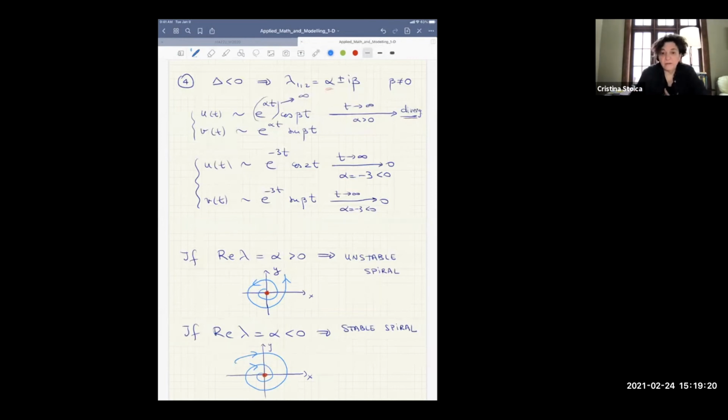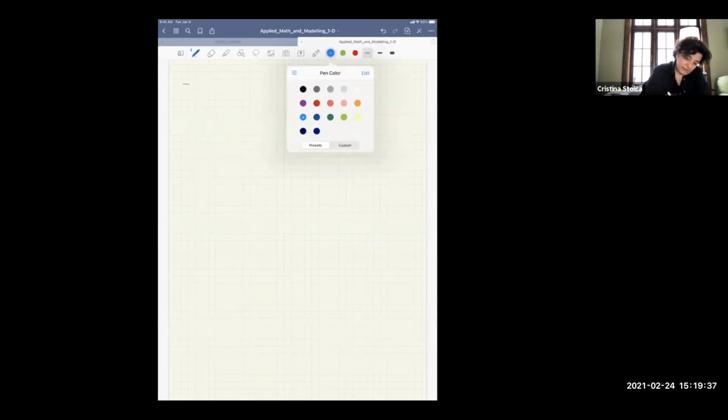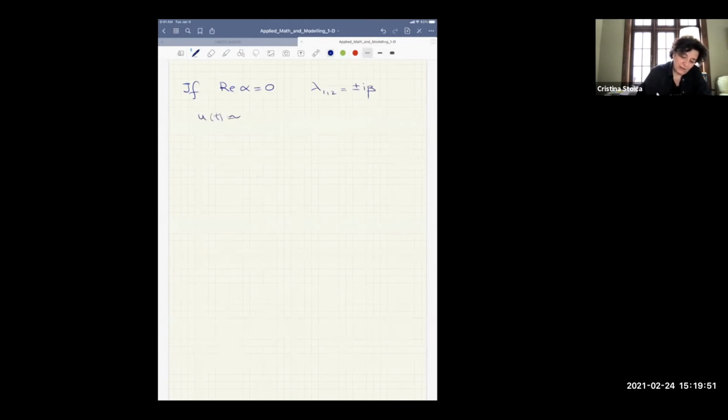And there is one more case. Okay, so I'll wait for you guys to write. Right, so we have finally, and not the least, actually this is the most important one in a way. If this is 0, so you have basically lambda 1, 2 is plus minus i beta, right? So you're going to have u of t be cos beta t and v of t be sine beta t. This is exactly like in the systems that we did before.